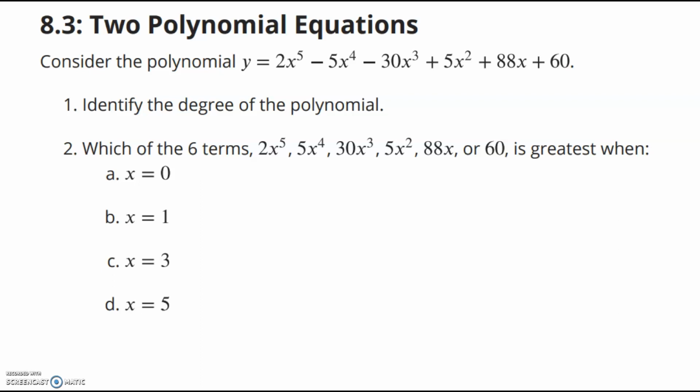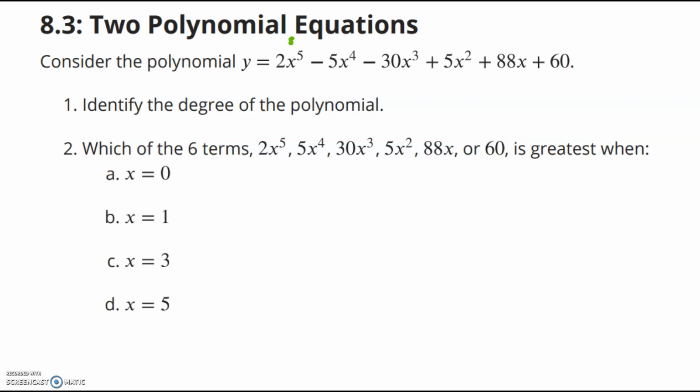The first thing we're asked to do is determine the degree of the polynomial. So remember, when we look at degree, we have to make sure that our function is written in standard form. Standard form means we start with the highest degree term and go down to the lowest.